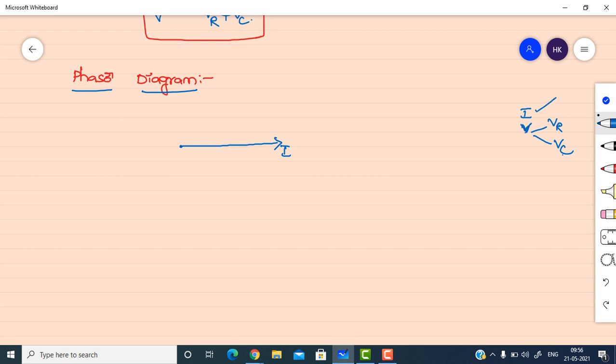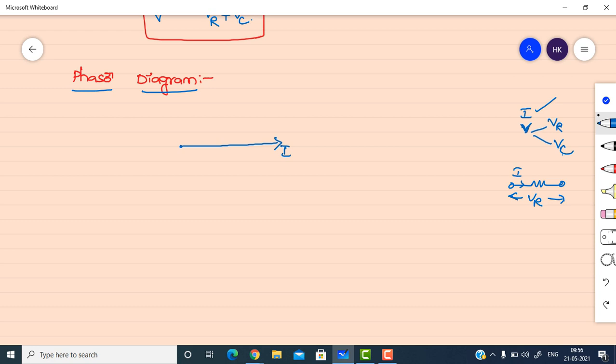Next, total voltage. To get this total voltage, first you have to draw these two, VR and VC. Then the vector sum will give you this total voltage. VR means voltage drop across resistor. So with reference to the current, voltage across the resistor, is it in phase or lagging or leading?